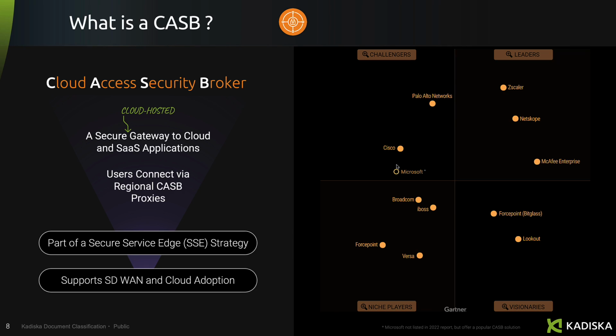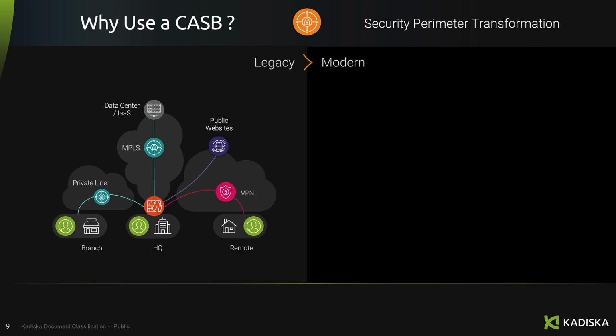So we do see Cisco, and Microsoft has a significant CASB offering, and ForcePoint is also quite popular in the network. So we see quite a few different CASBs being used across large enterprises today. And we'll take a look at how those ones are performing and compare them to each other later in this webinar.